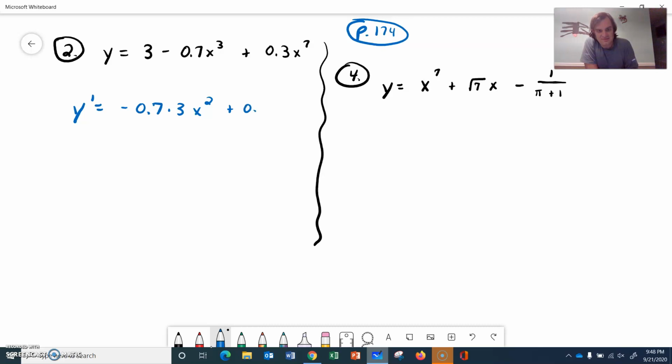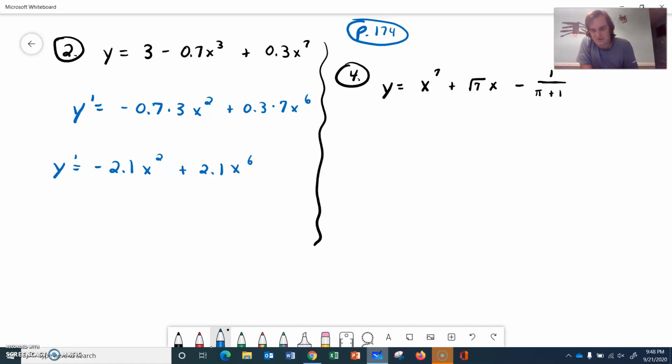And the last part, 0.3, and the x to the 7th, we'll pull the 7 out front and make it x to the 6th. So in cleaning that up, you'll have negative 2.1 x squared plus 2.1 x to the 6th.